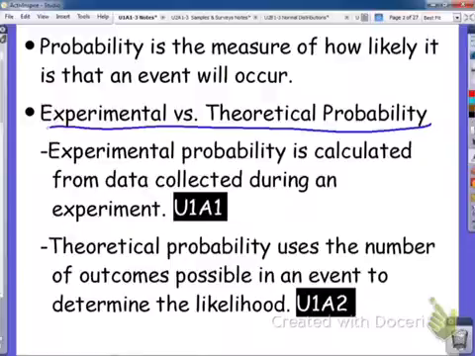You see, experimental probability is calculated from data collected during an experiment. Now, you don't need lab coats to have an experiment. For example, experimental probability is typically used in sports.